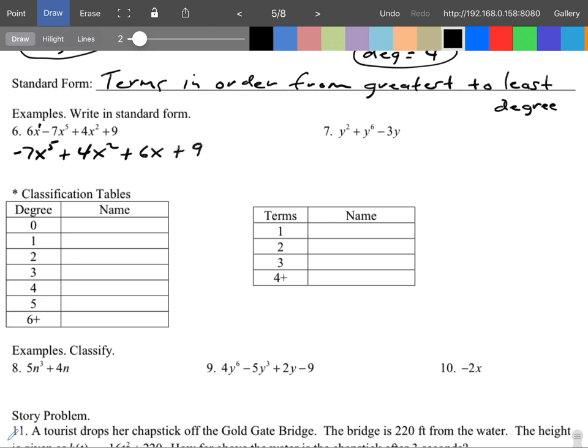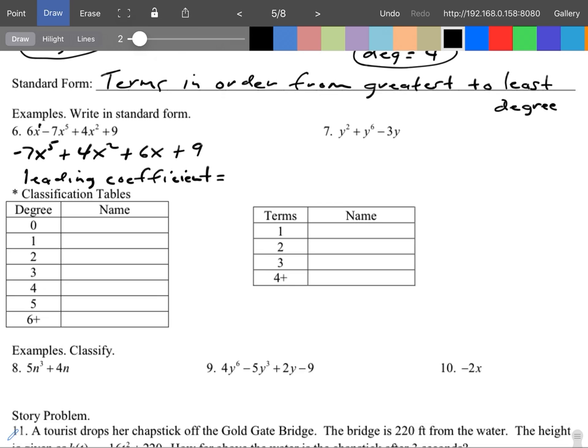And then the other thing I'm going to add in right here, it's not in these notes, but it is in the assignment, is you need to be able to write down what the leading coefficient of the polynomial is also. So the leading coefficient is just the number that's out in front of the highest power term.